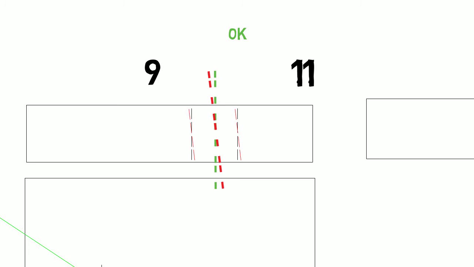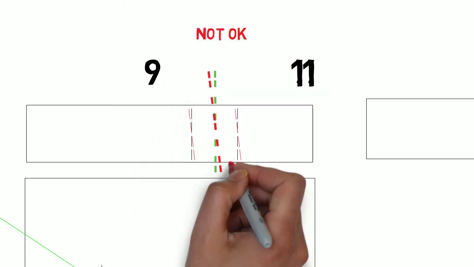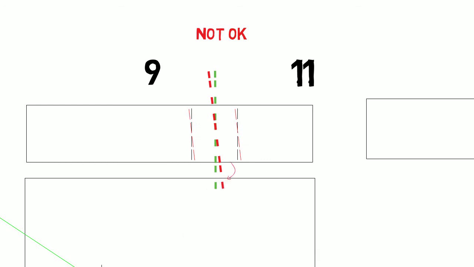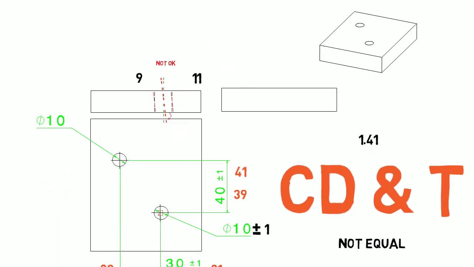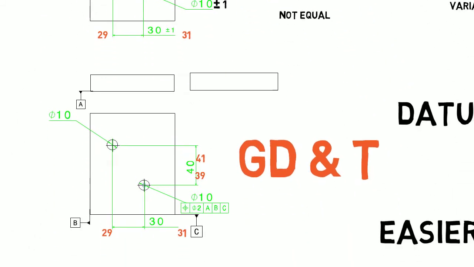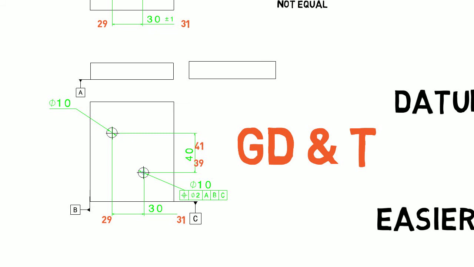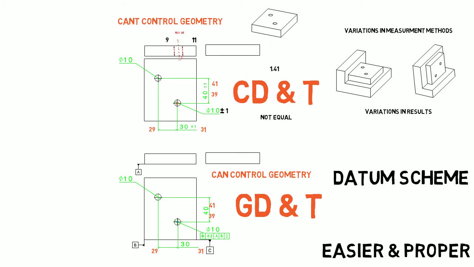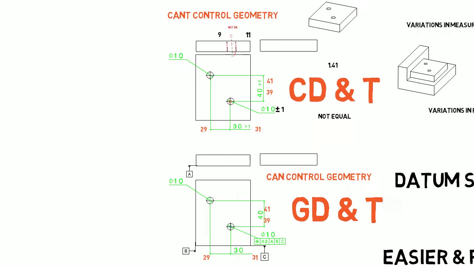But actually it's not okay because its axis is not perpendicular to the surface. So in case of CD&T, you can't control the geometry of a part or a feature. But in case of GD&T, you can control the geometry of the part with the geometric tolerance. These are some points which show the importance of GD&T over CD&T.